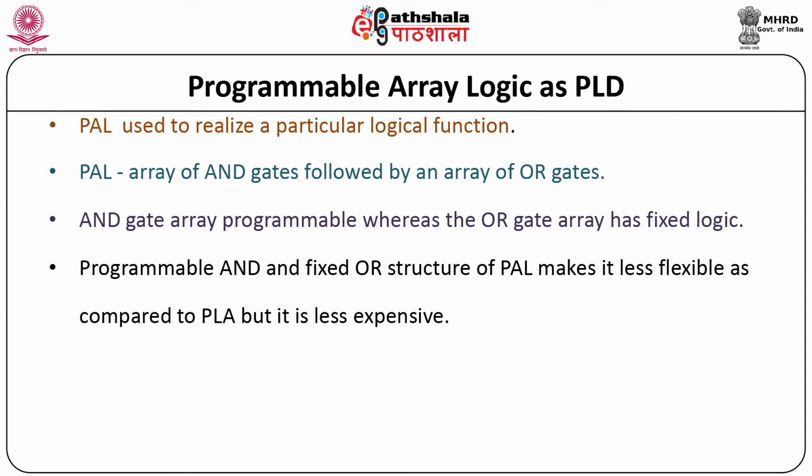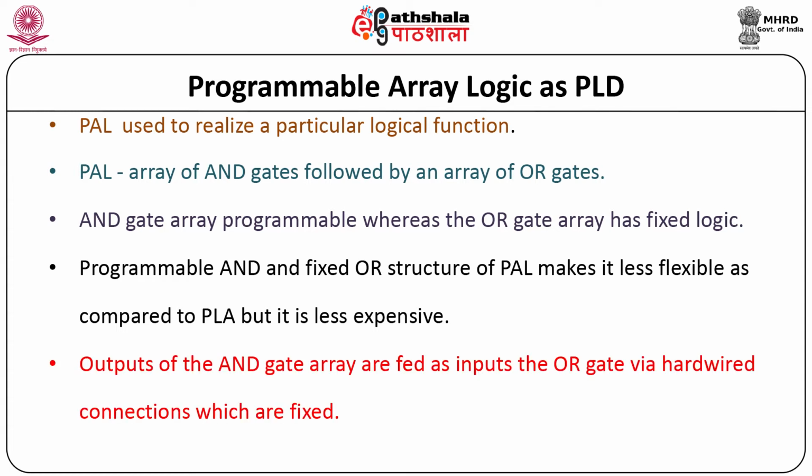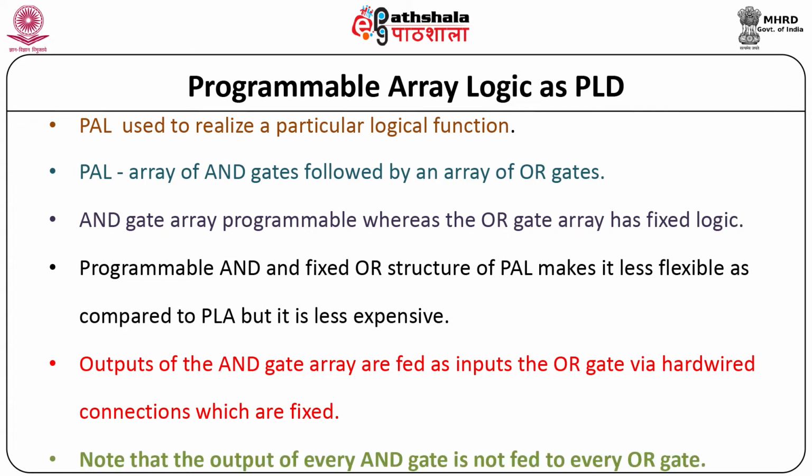This helps one to realize the product term between the input lines. The outputs of AND gate array are fed as inputs to the OR gate via hardwired connections which are fixed. It is interesting to note that the output of every AND gate is not fed to every OR gate.